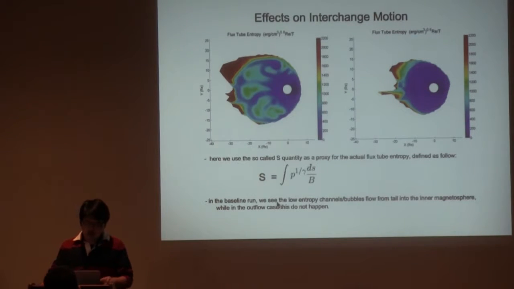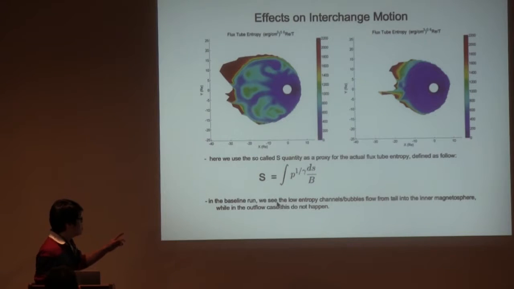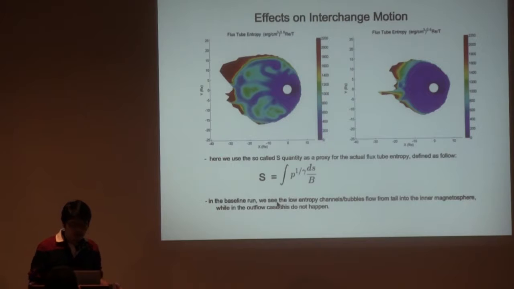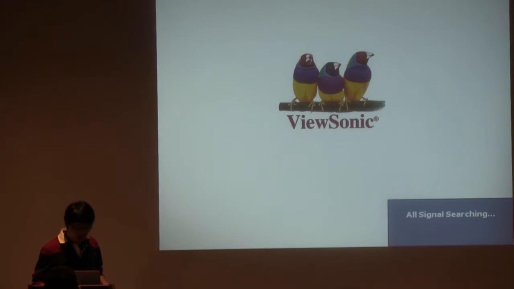And here, we see the left one. You see these low entropy flow channels, which means interchange, unstable interchanging with stable. And which means that the plasmas in the inner magnetosphere may diffuse out.